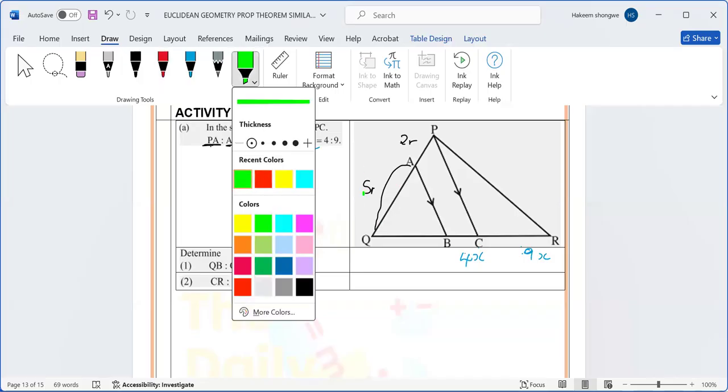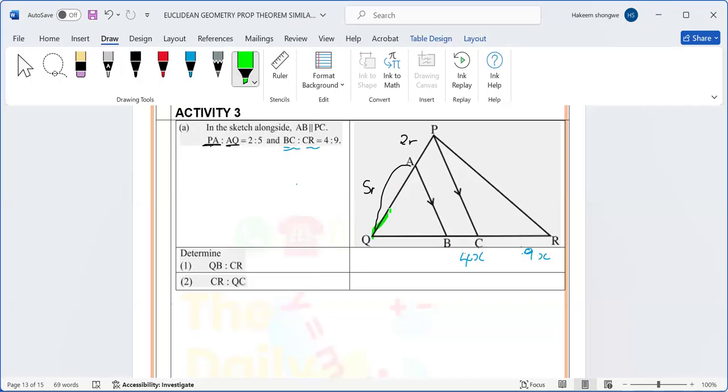If we take the following triangle, triangle QPC, there are parallel lines in triangle QPC. There is this line which is parallel to this one. What does that give us then?